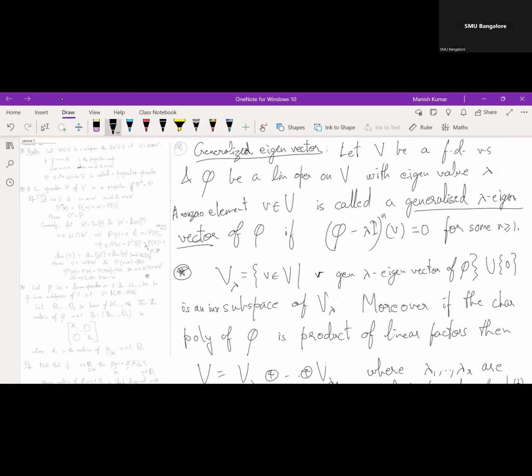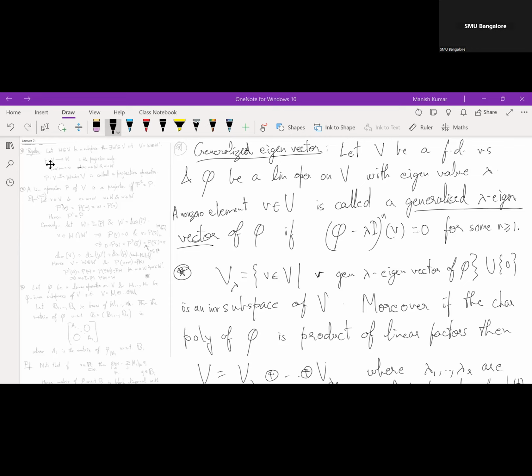Then this becomes a phi invariant subspace of the vector space V.